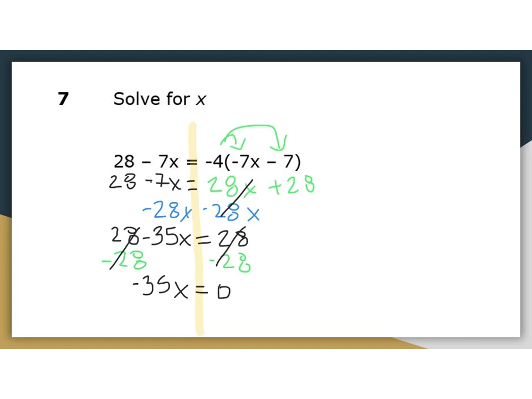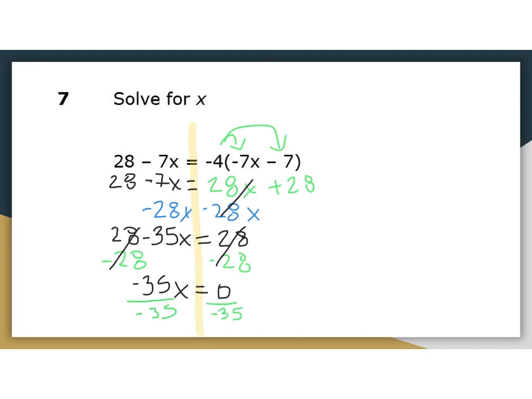We do have a solution here. The x variable is present, which means you have a solution. There is only one number that you can put in place of x that will make this equal 0. And so your last step is going to be to divide everything by negative 35.